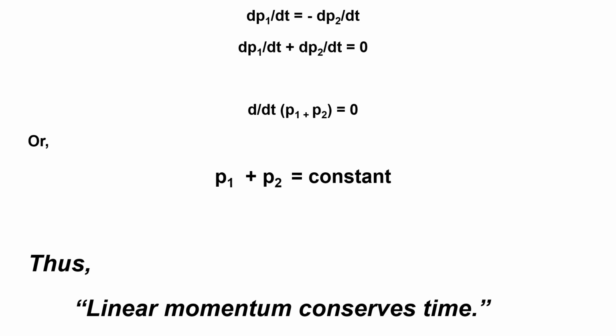Taking the negative term on the right hand side to the left hand side, dp1 over dt plus dp2 over dt is equal to 0. Taking the differential common outside, d over dt of the bracket p1 plus p2 is equal to 0. Then that gives p1 plus p2 is equal to constant. So that shows that the linear momentum is conserved with time. So we can say that Newton's third law also gives conservation of linear momentum with time.